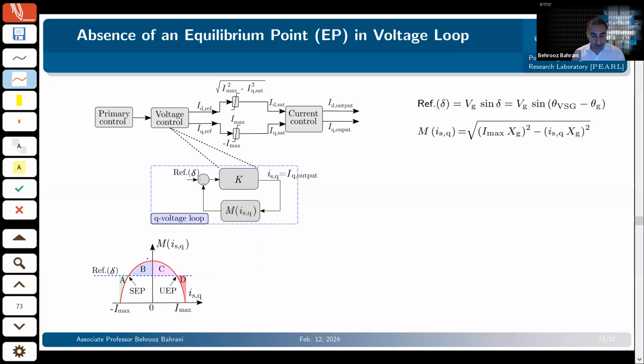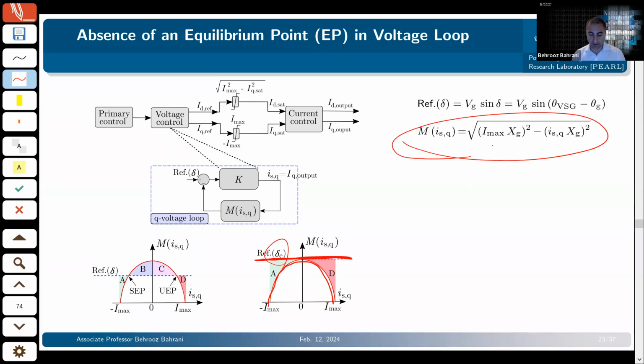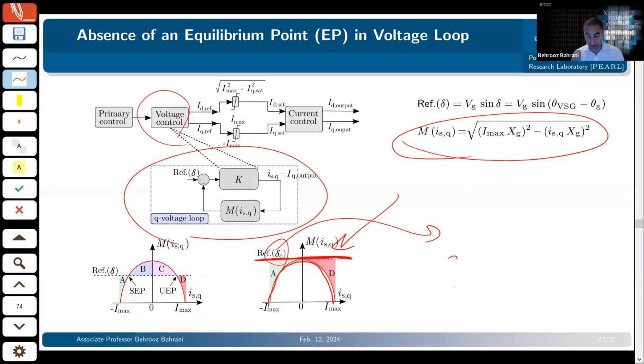But there are certain scenarios where that delta C, which is the critical delta, gives me this reference delta that is already larger than this M that we determine here. And this condition is sufficient to make this voltage controller unstable. And this delta C might be essentially less than the critical delta C of that UEP of the P delta curve.